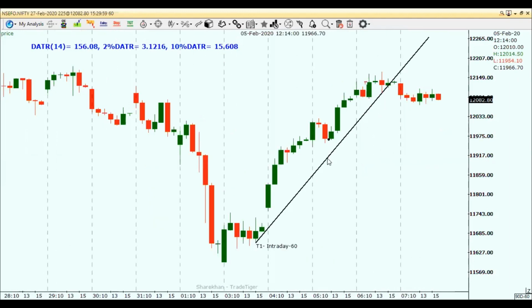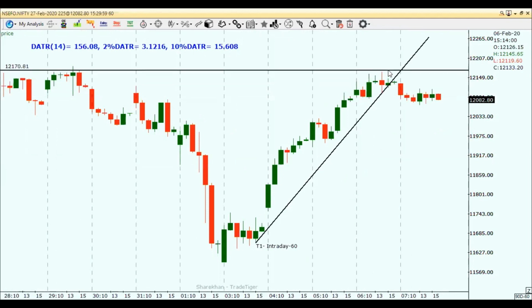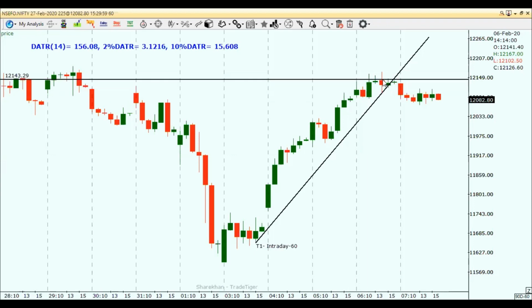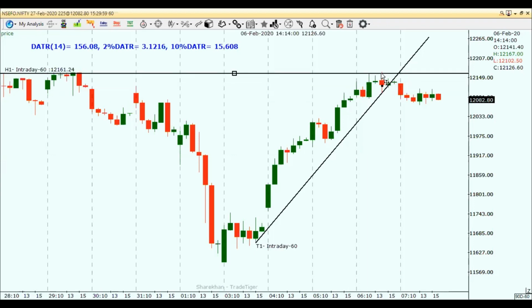This is a continuous steep up move for the last day 1, 2, 3, 4, and today that is broken. Because it is broken, this area becomes a strong resistance now. So 12,160 is the strong resistance.